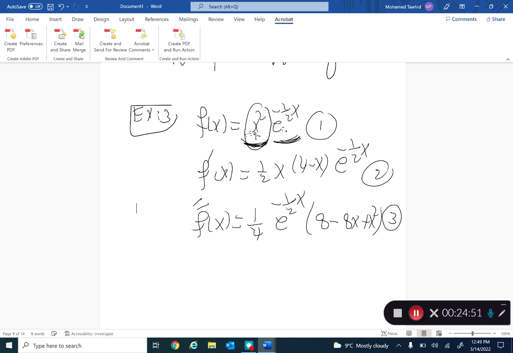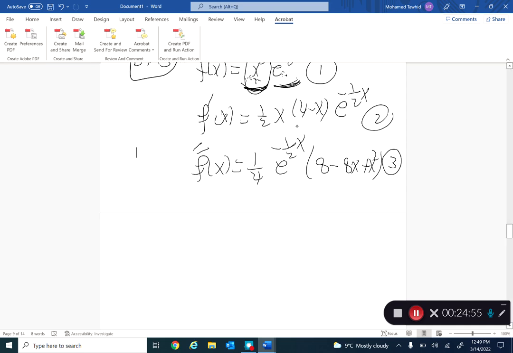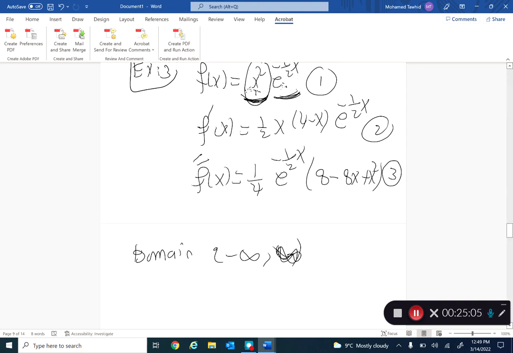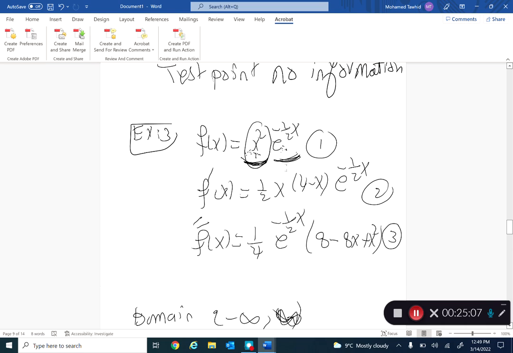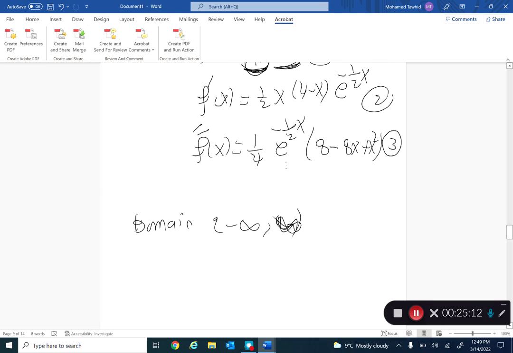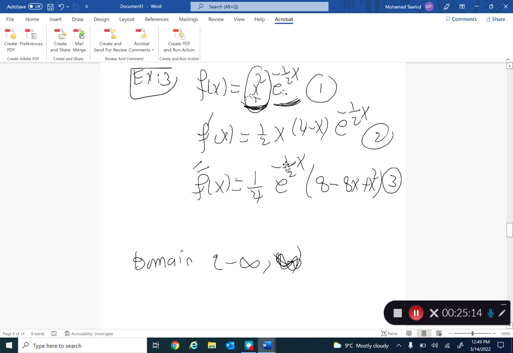The domain of the first one is all real numbers, the domain of the second one is all real numbers, then the domain here should be all real numbers. All right, so that is our domain, minus infinity to plus infinity.